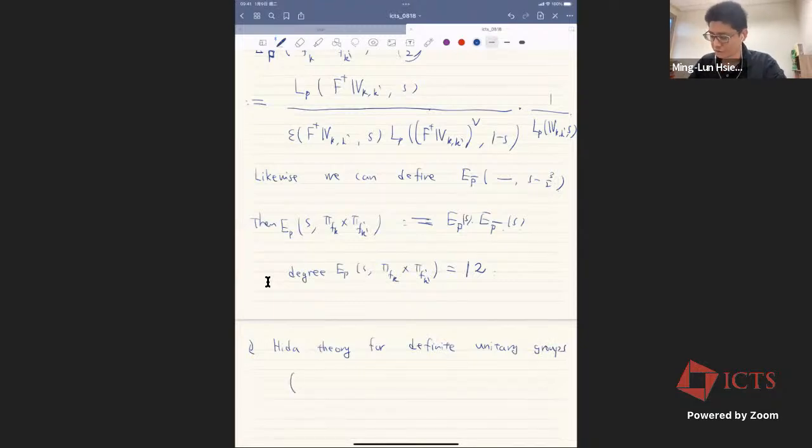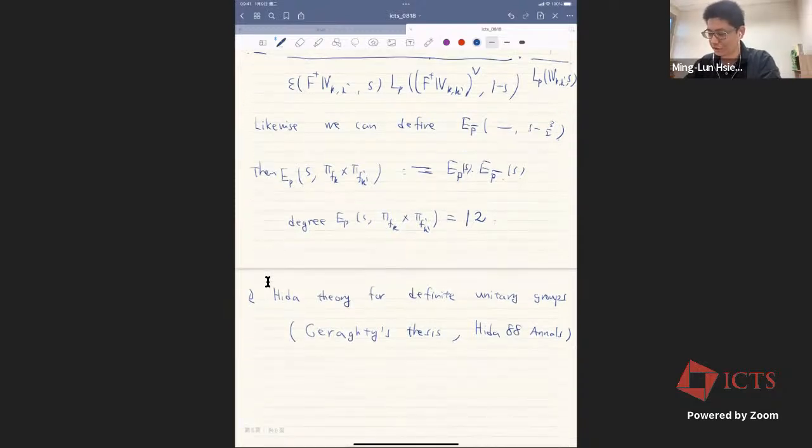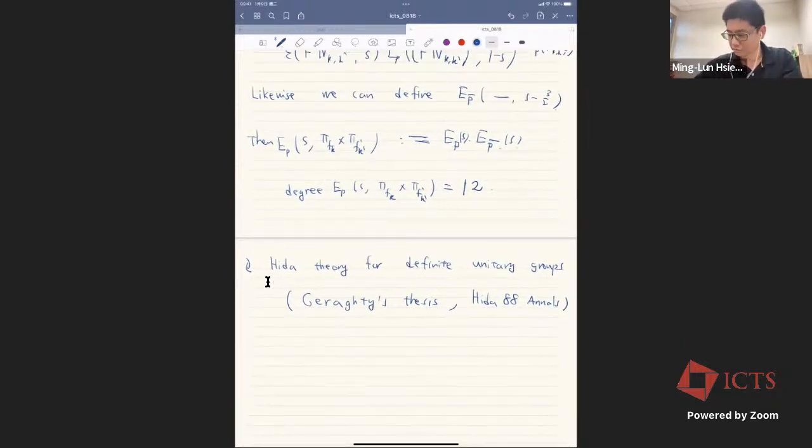So the basic reference is Garrity's thesis, and also Hida's Annals paper, where he treated the case of totally definite quaternion algebras. But Hida's method can be generalized to general compact groups without too much difficulty.